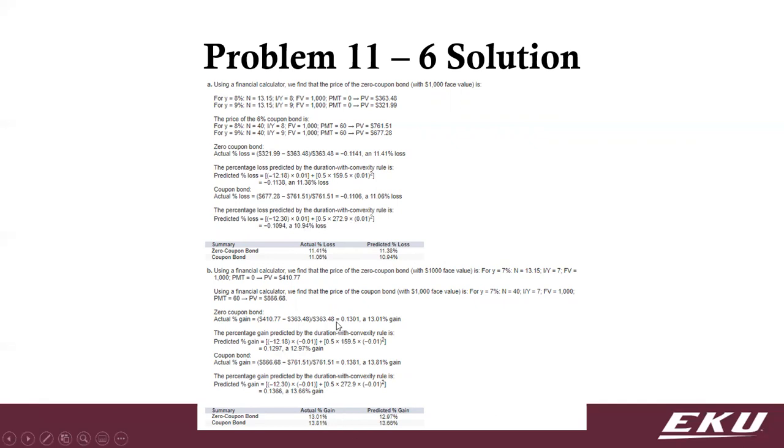And then you see again here, the actual gain and predicted gain, we're going to calculate again using the same duration convexity rule. It's just to show that it does a good approximation of what it will be, although it does a better approximation the smaller the change.